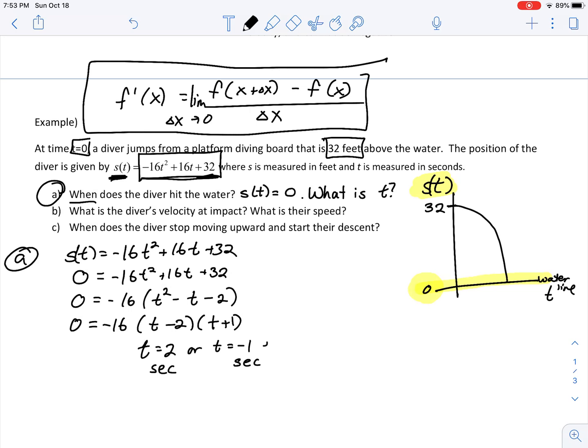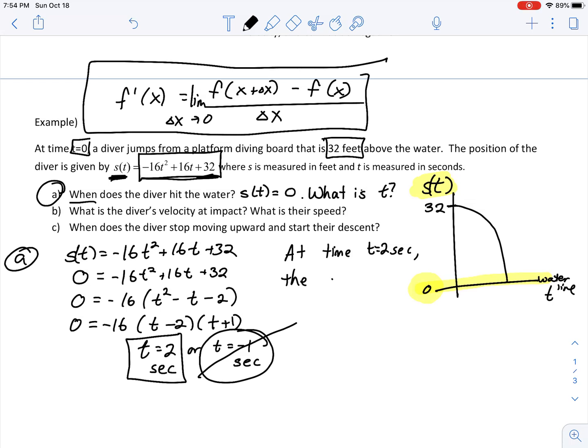Can we have negative time? No, we are not going back in time. So at t equals 2 seconds, our diver has reached the, oh my gosh, I almost said ground. The diver hits the water, not the ground. I'm going to write that in a sentence. At time t equals 2 seconds, the diver hits the water.